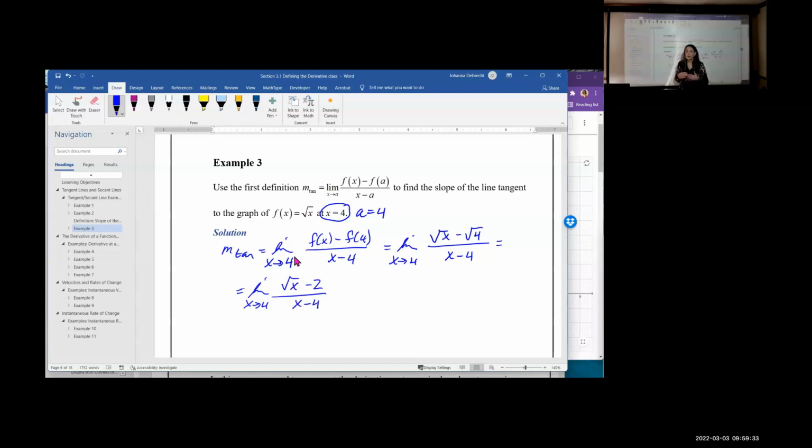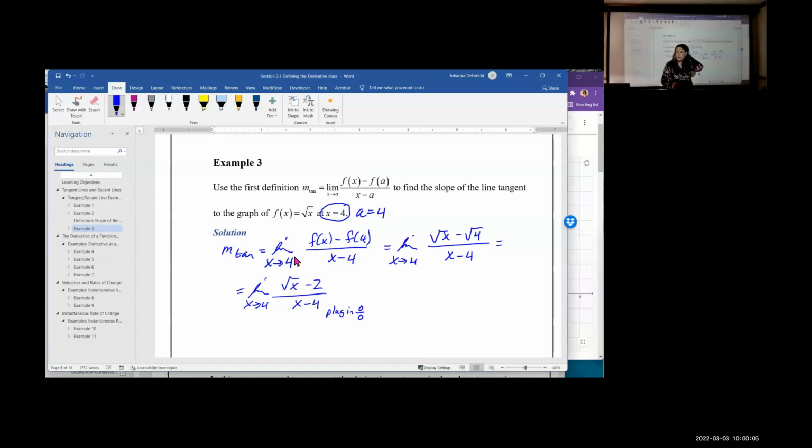Now, if I tried to plug in, which should always be my first instinct, I get 0 over 0, which is one of those indeterminate forms, which tells me that that method didn't work. So I've got to back up and try something different. So I've got a square root, and I've got square root of x minus 2 over x minus 4.